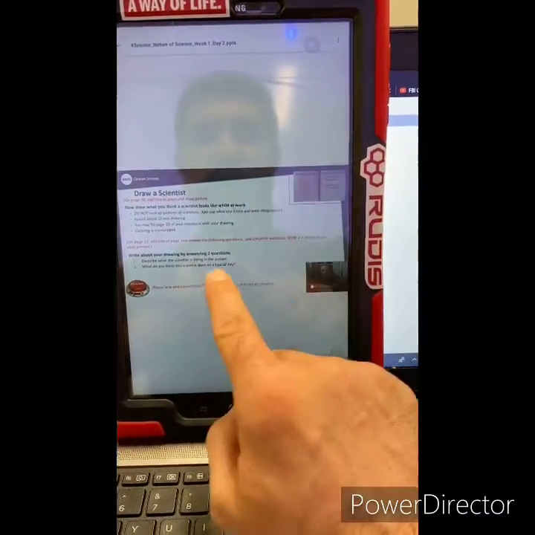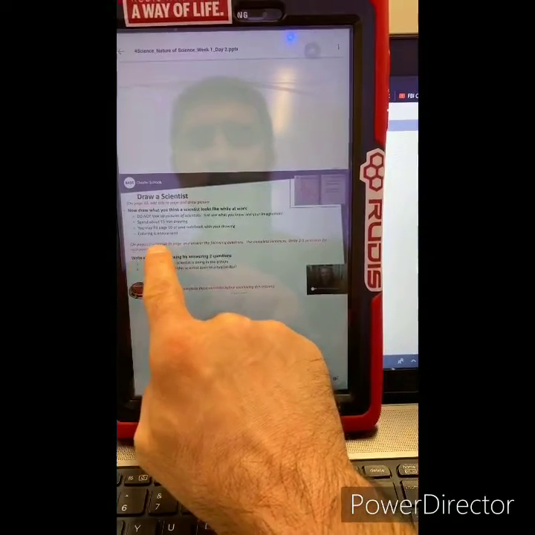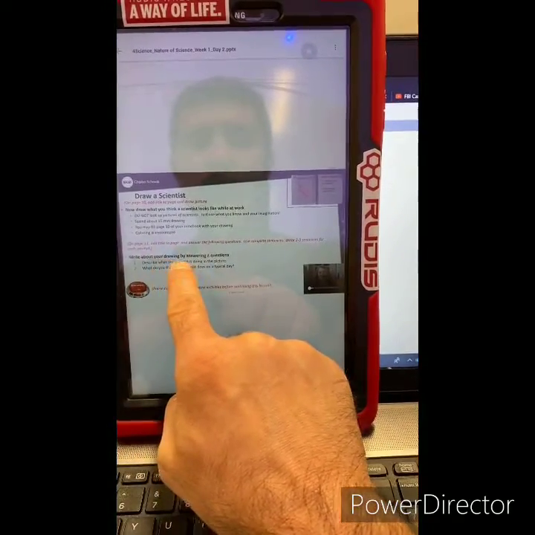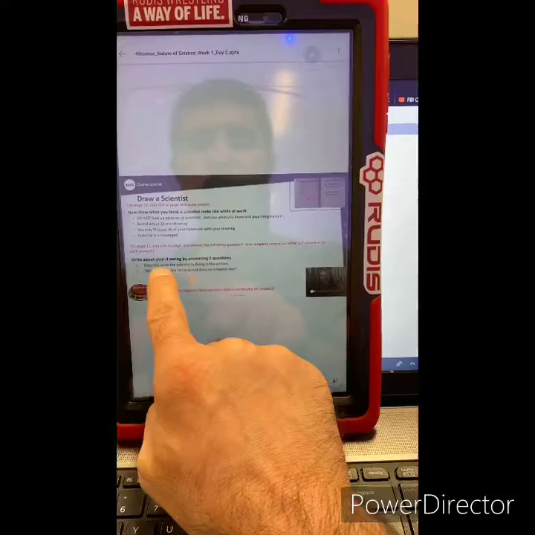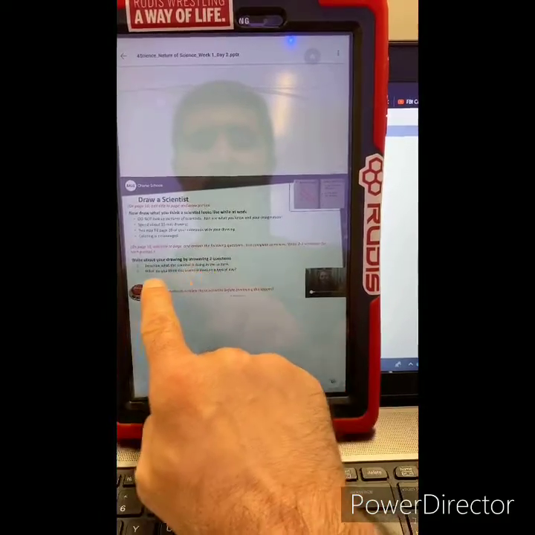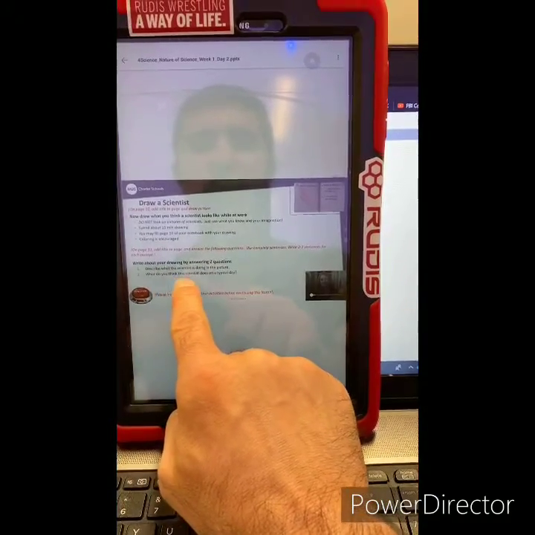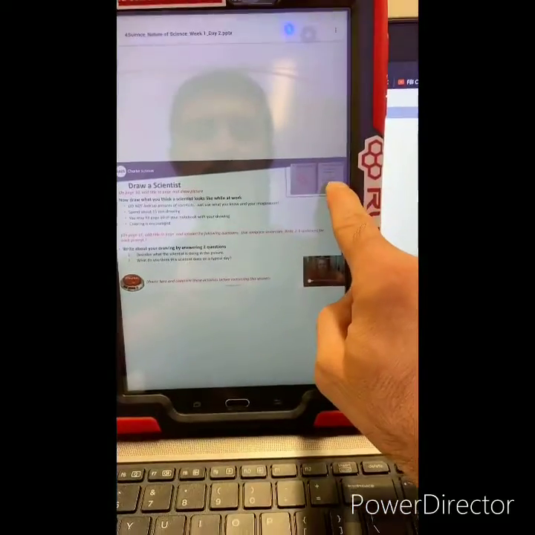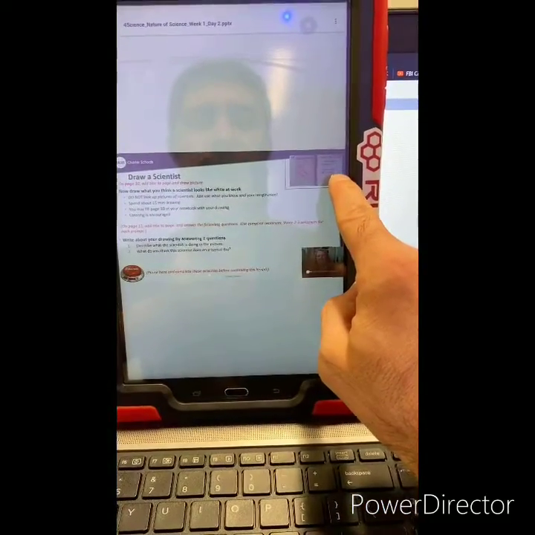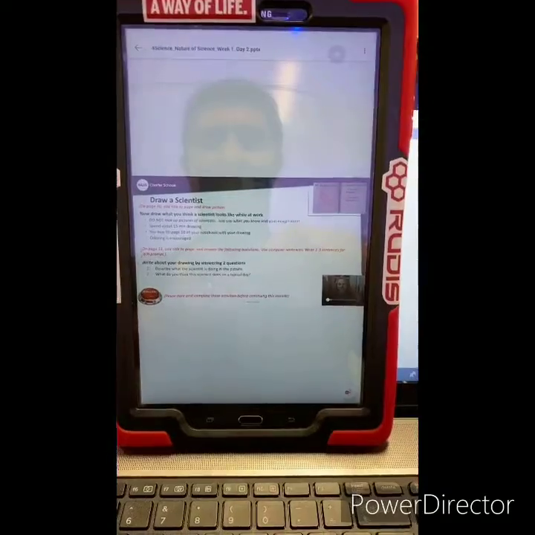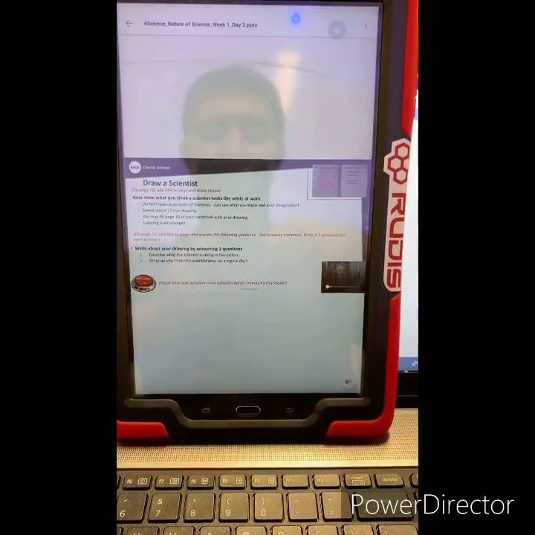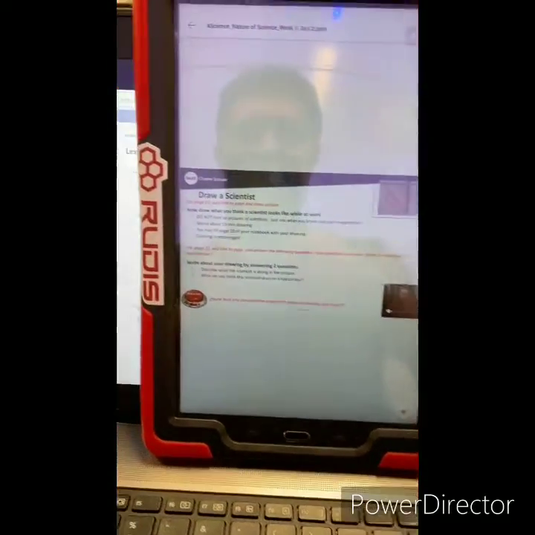Then on page 11, it tells you right here, write about your drawing by answering 2 questions. Describe what the scientist is doing in that picture, and what do you think this scientist does on a typical day? So you're supposed to write that over here on page 11. So this is how you find what you're supposed to do on specific pages.